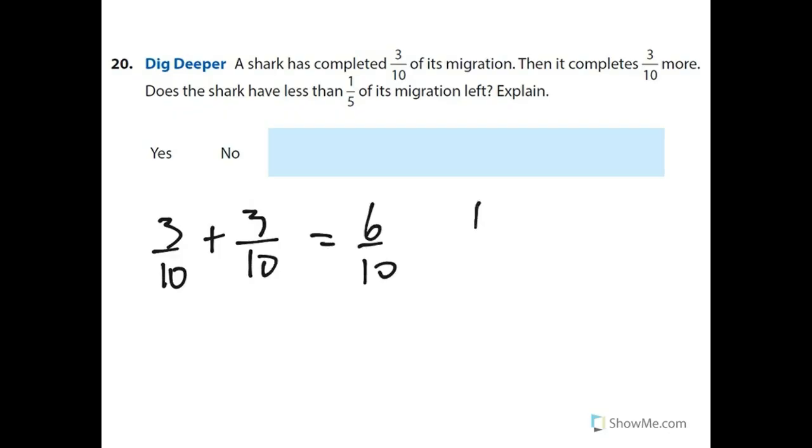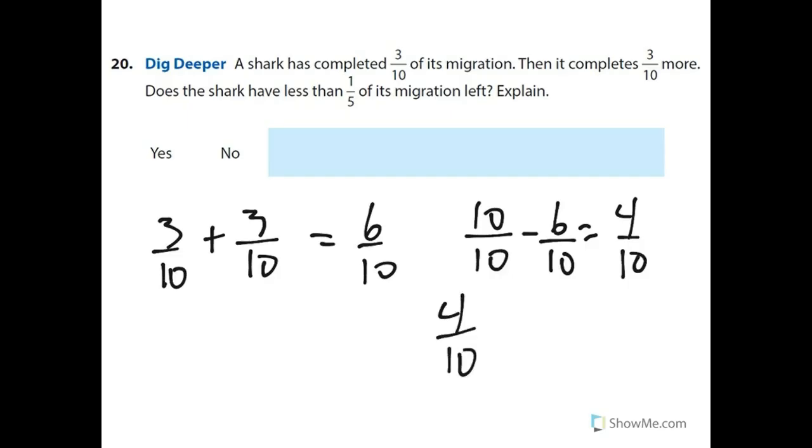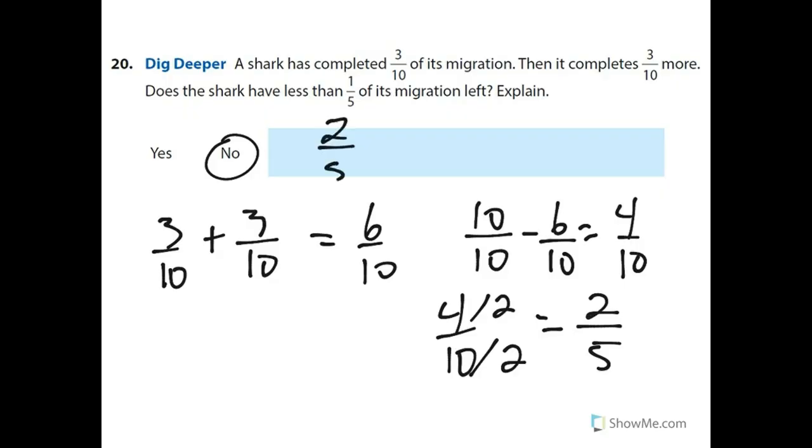So if we take 10/10 and subtract 6/10, we're going to have 4/10 left over. And if I take 4/10 and divide them both by 2, it's going to be 2/5. So does it have less than 1/5 of its migration left? No. And I'm explaining that with my math because 2/5 is greater than 1/5. All right, hopefully you got that right and you got Jolly Rancher.